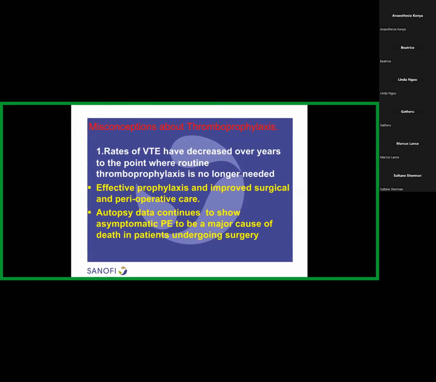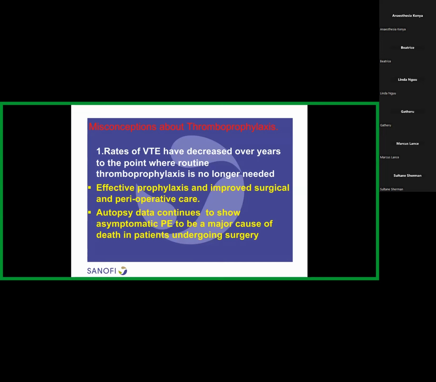Now, this would be a question to everyone, to us even as well. Some of the misconceptions that have been seen about thromboprophylaxis is that the risk of VTE has decreased over the years to the point where routine thromboprophylaxis is no longer needed. And I would answer for myself and say no, as seen from the previous case that Dr. Olang has presented, and he has shown that there is still need for us to do prophylaxis after every other surgery.